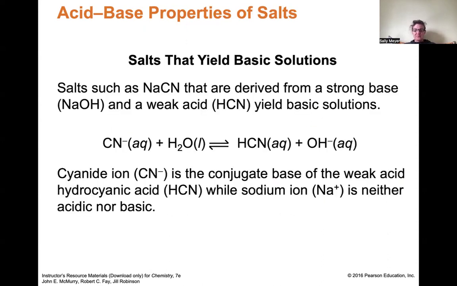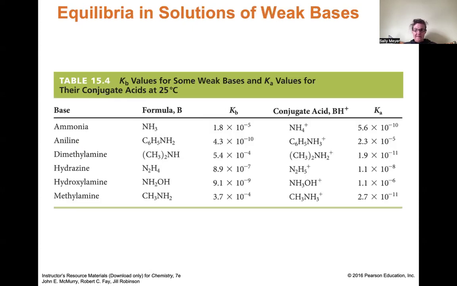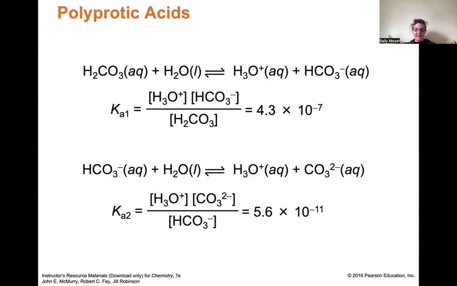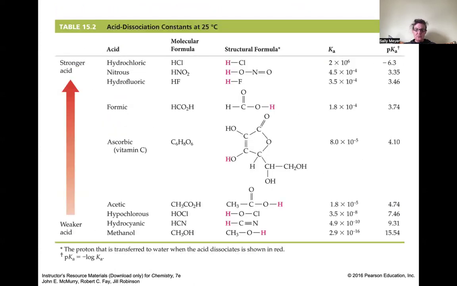Salts that yield basic solutions are just going to be the opposite. Something like sodium cyanide, NaCN. Let's look all the way back at our Ka table. Here, this says that HCN is a weak acid.